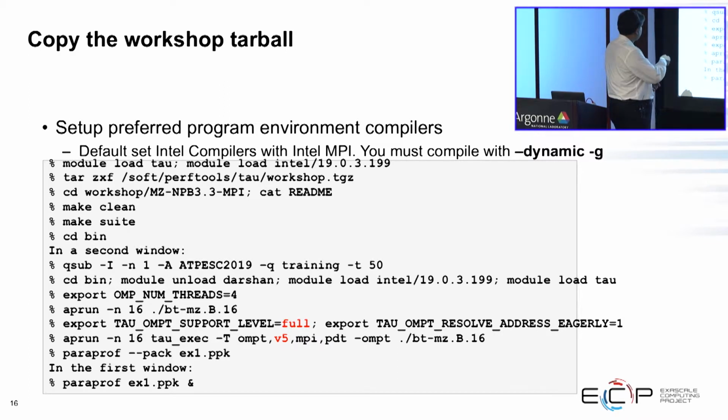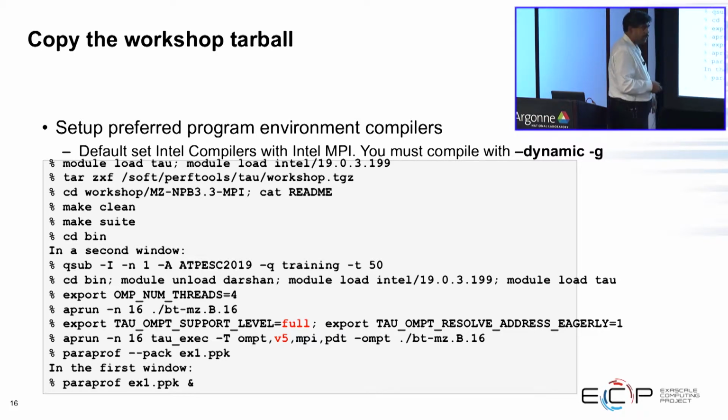So you say module load TAU, it internally will load this latest Intel compiler. You don't need to really do this, but I've just shown you this. And you can untar the workshop tarball, go to this workshop directory, do a make clean, make suite, and then in a second window you can essentially use the qsub command.